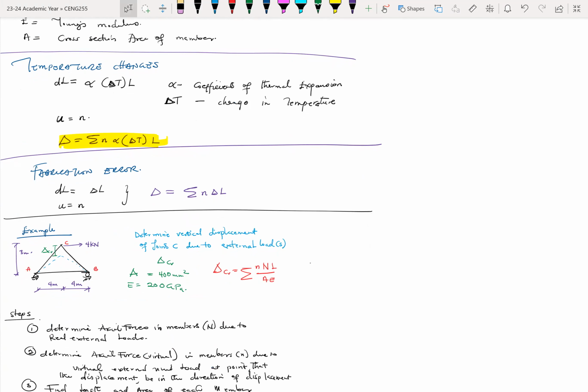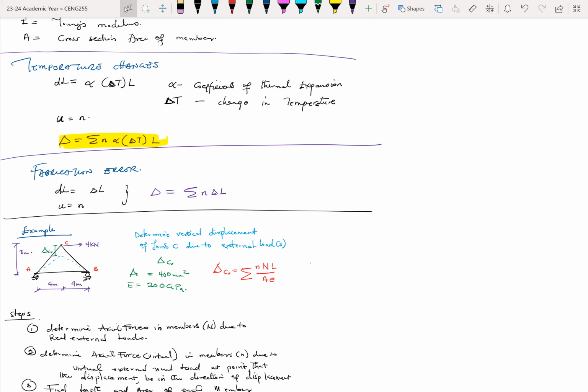Again, the displacement at a joint, delta, can be determined by knowing the forces in the members due to the virtual load and also the change in the length, which is really what would occur for any fabrication error.